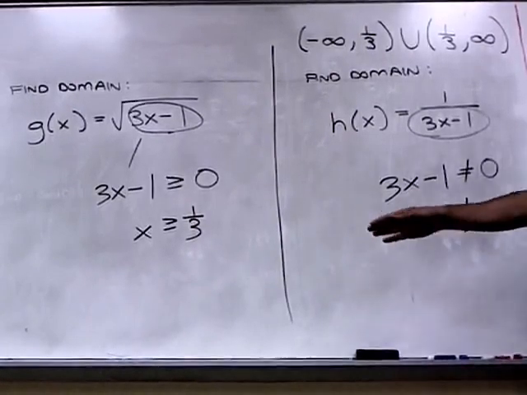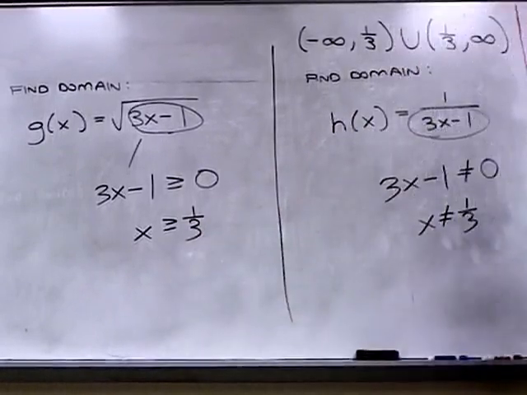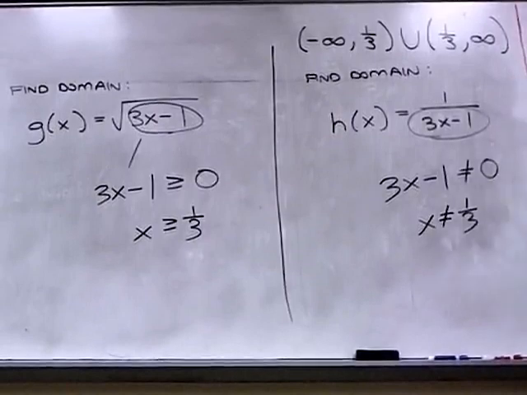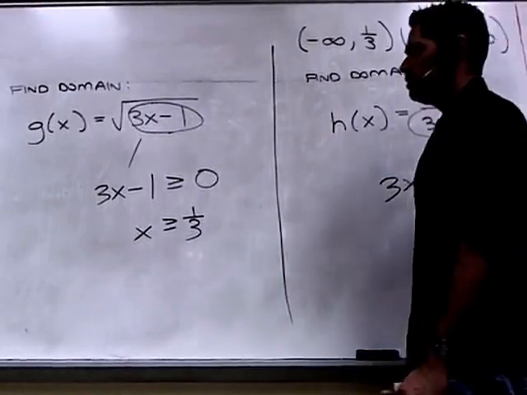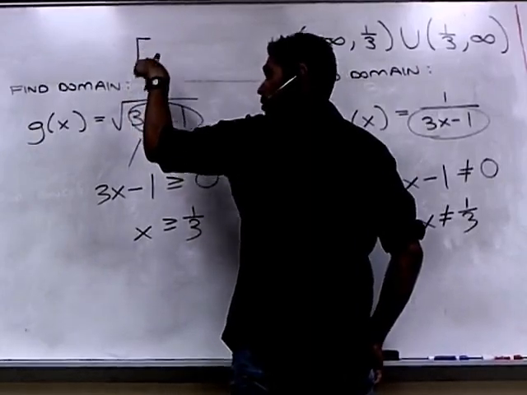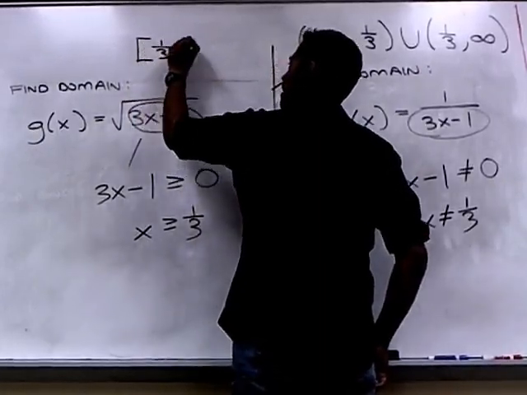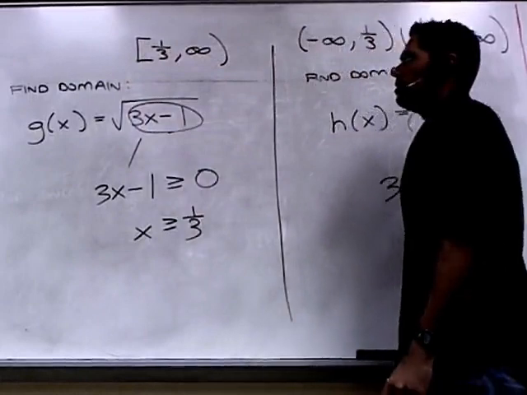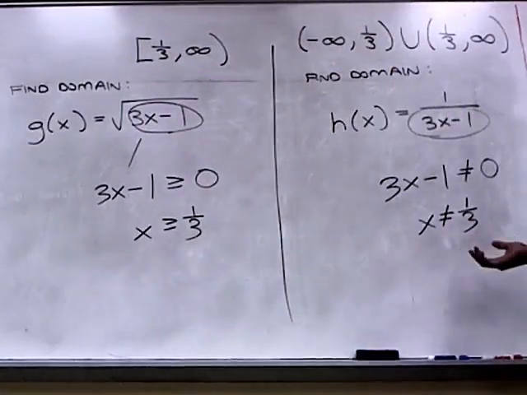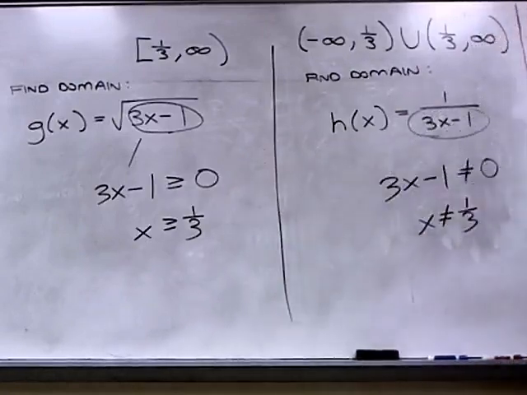So how would I represent this answer in interval notation? Everything from 1/3 bigger, including 1/3. Bracket this time, because I want to include the 1/3, and then to infinity. So the use of brackets and parentheses isn't like a coin flip. It matters. It depends on the problem itself.